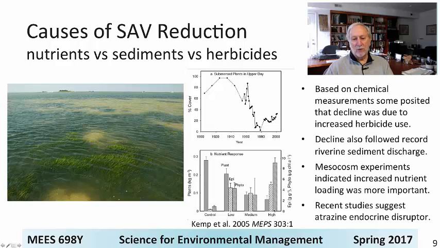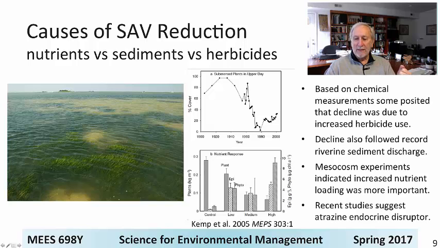And that gets worse to the point where the SAV is reduced greatly to the benefit of phytoplankton and epiphytes. So this helped set some of the requirements for what water quality was needed to bring these grasses back. That served as the basis of determining the TMDL, the water quality standards in the TMDL.